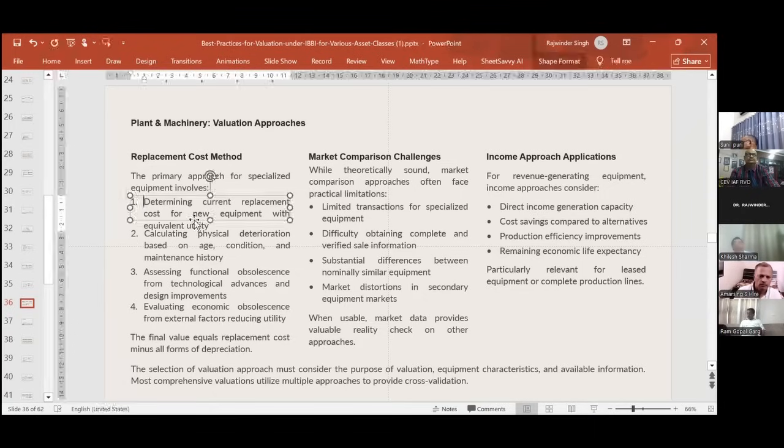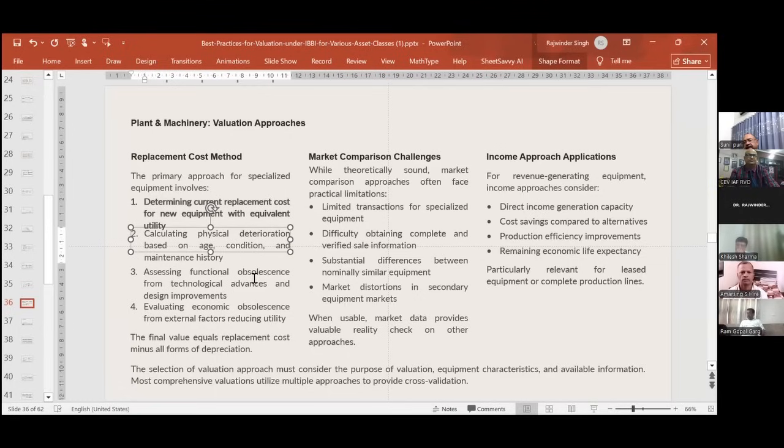Then for the given asset you are valuing, you have to calculate physical deterioration based upon its age, condition, and maintenance history.